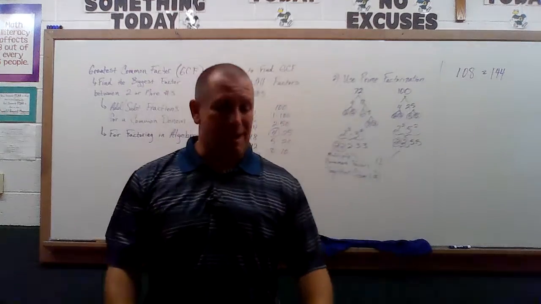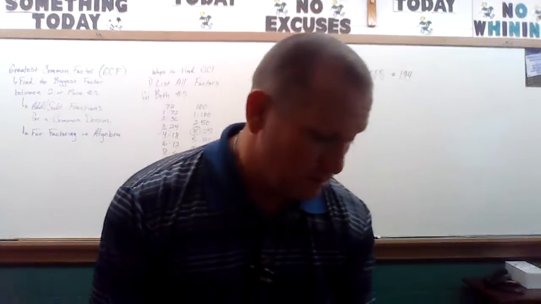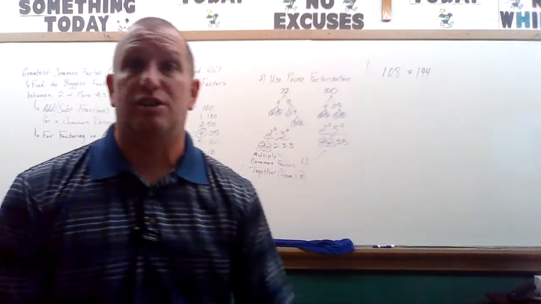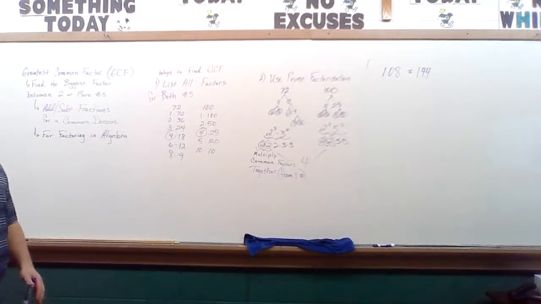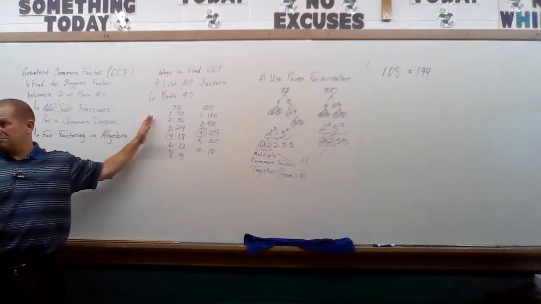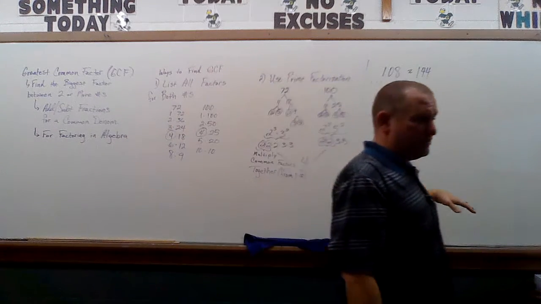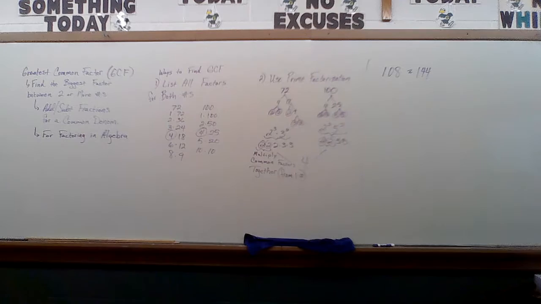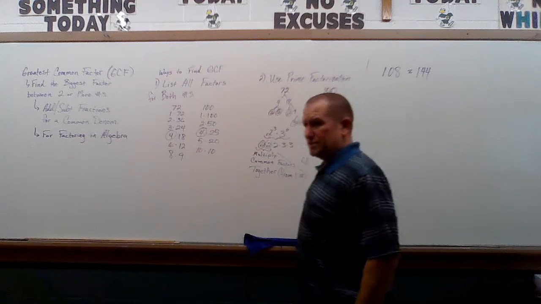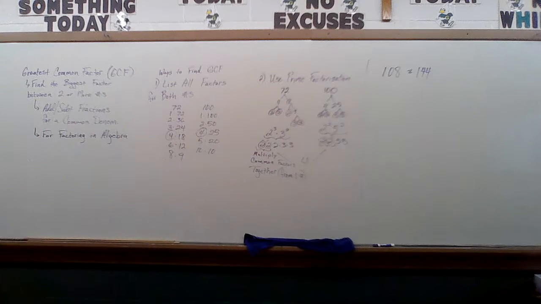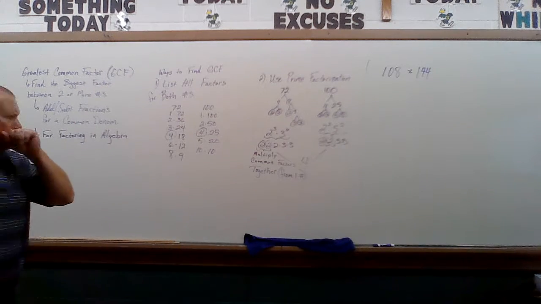So realistically, maybe you do both ways. Maybe you find it easier to do this way sometimes by just listing all the factors. I might do that if there's numbers that I really knew about. Then I might not waste my time doing the prime factorization. But it's totally up to you what you want to do.